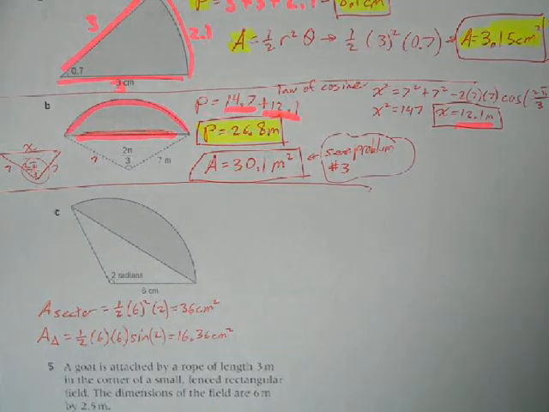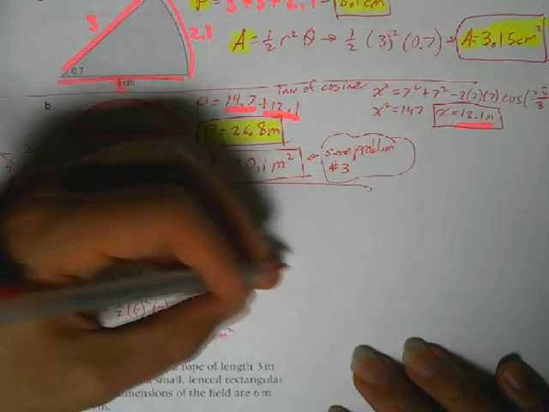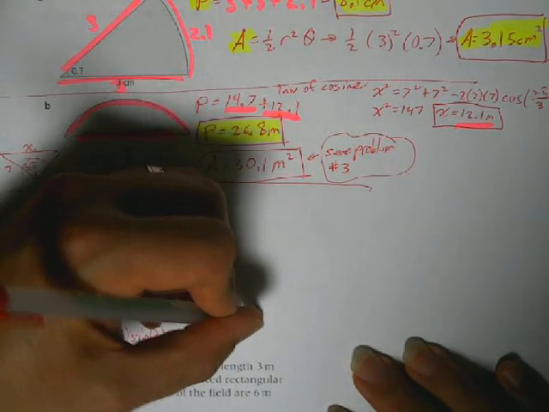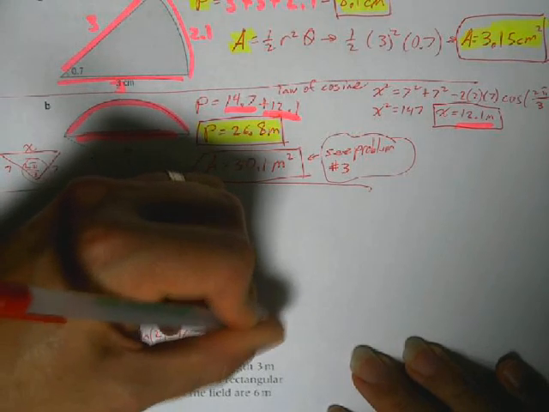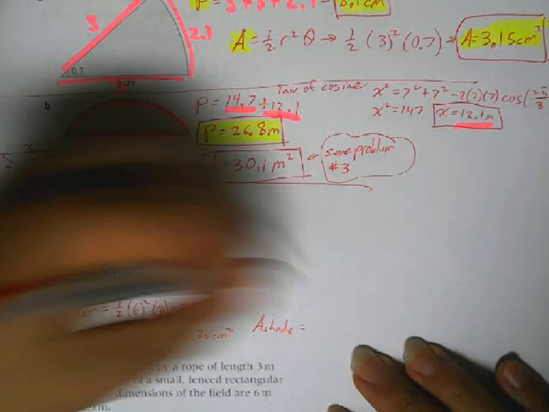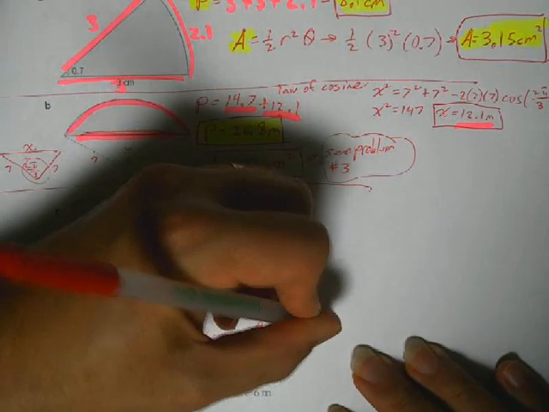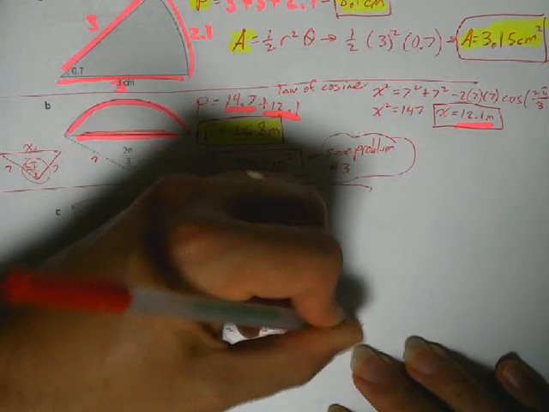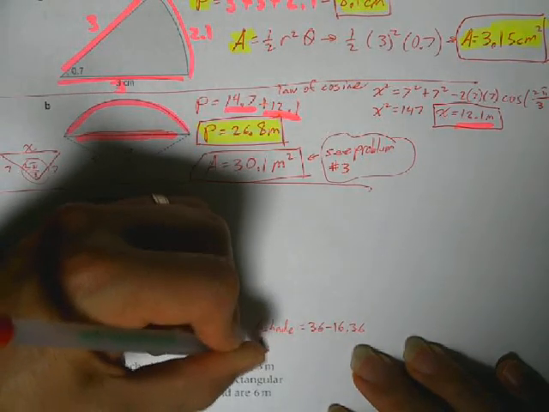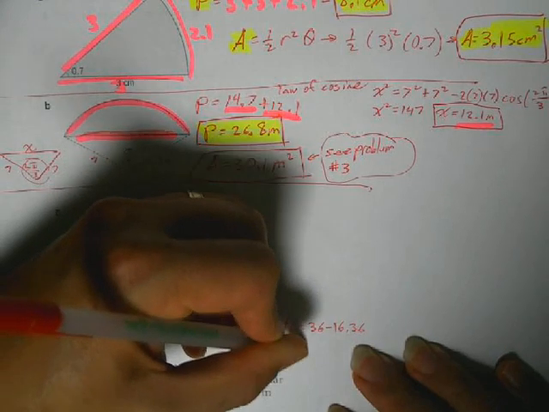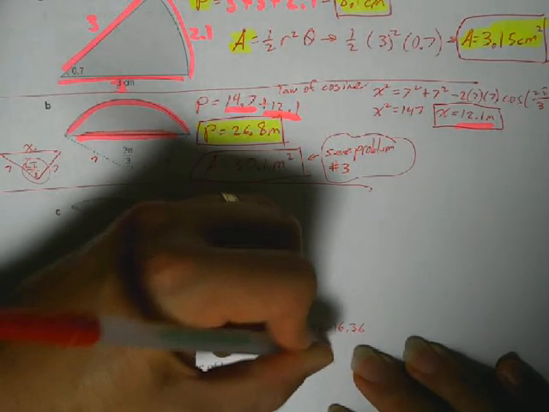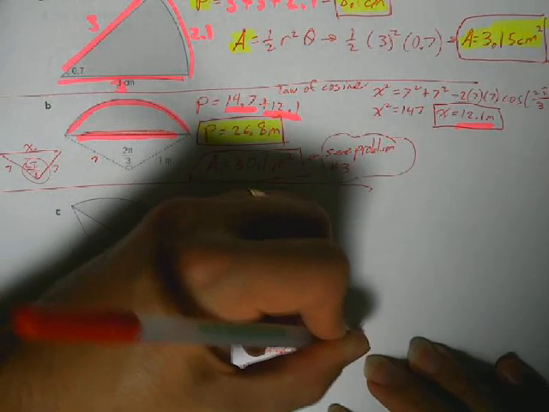And then the area shaded is equal to those subtracted from each other. And so the area shaded equals 15.6 centimeters squared.